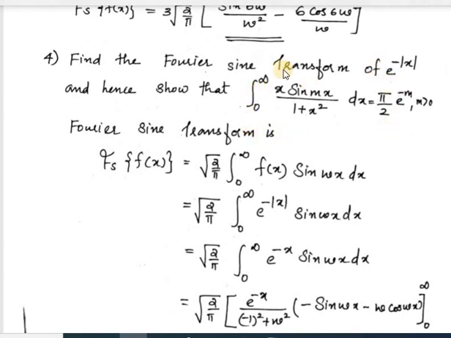Now we have to show this one. As I told earlier, whenever a question contains a show that term together with the transform, we have to apply the corresponding inverse Fourier transform. Here the question is about the Fourier sine transform, so to show this we use the inverse Fourier sine transform.